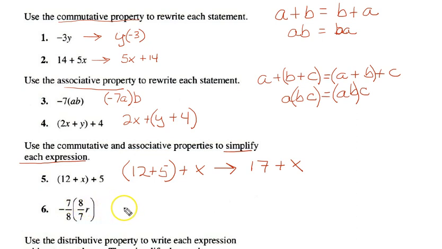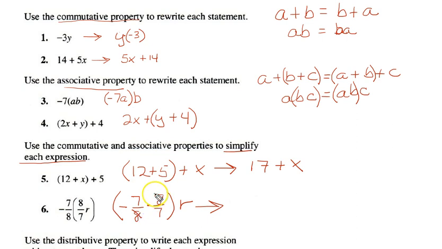So here we're going to reorder this. We have used the associative property here by grouping these two first. And notice what happens now when we simplify this.